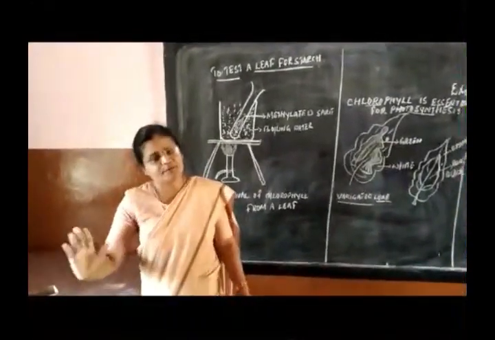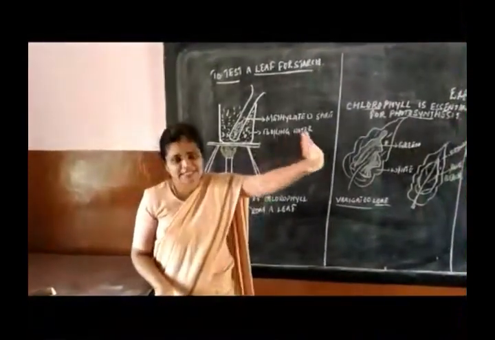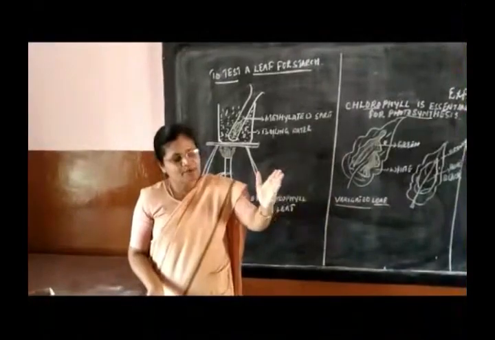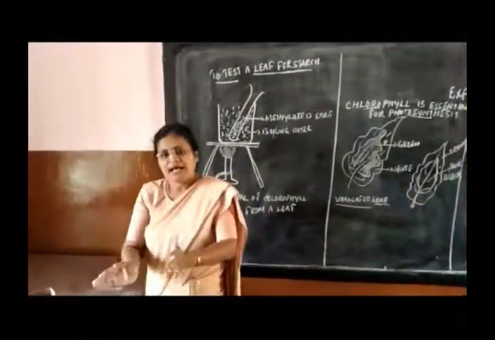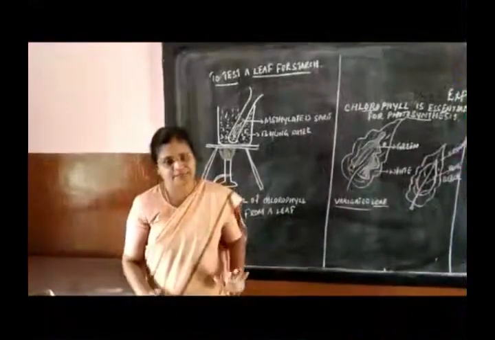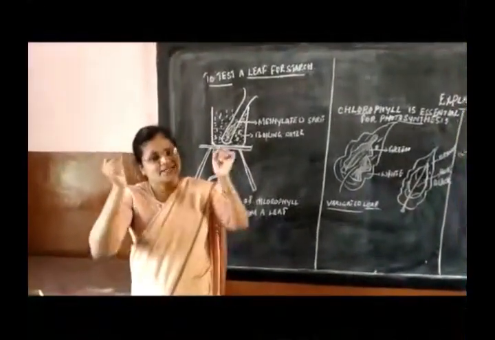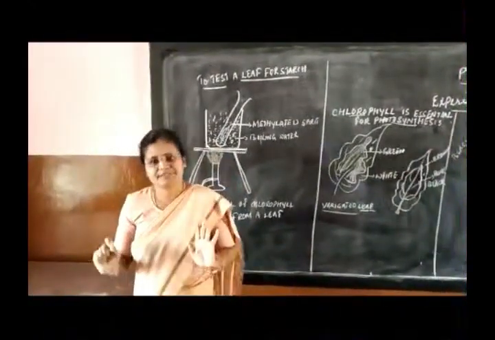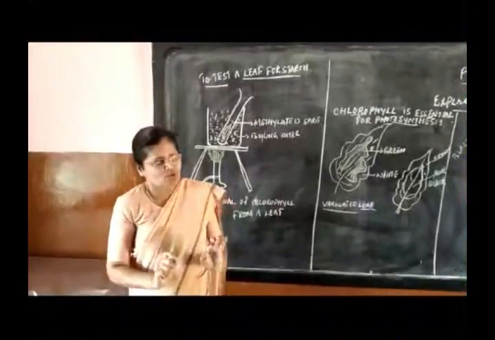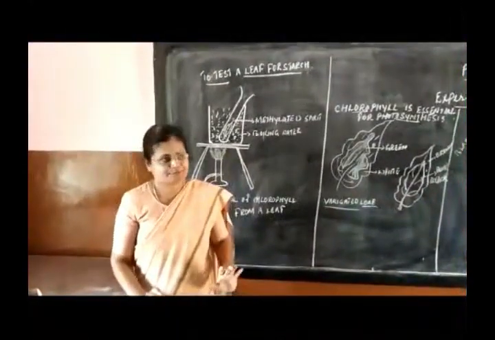Because the end product of photosynthesis is starch, whatever starch was synthesized previously will be utilized by the plant during these 24 to 48 hours, as no preparation of food is taking place. At the end of it, the plant will not have any starch inside the leaf cells or the plant cells. The plant is totally hungry, totally without any starch.